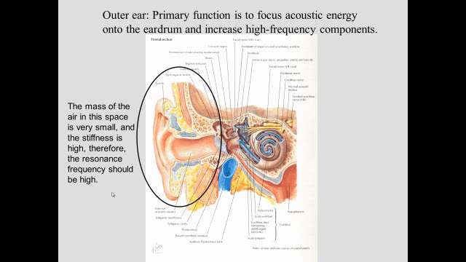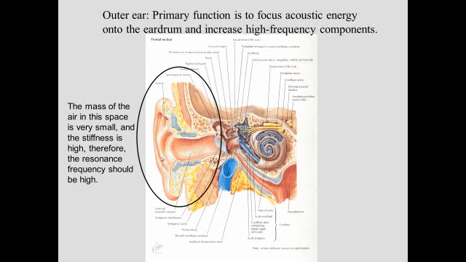So when a sound wave hits that structure and sets into motion the air particles in your outer ear canal, recognize that those air particles are going to favor vibration at higher frequencies simply because of their physical makeup, simply because of their physical composition.